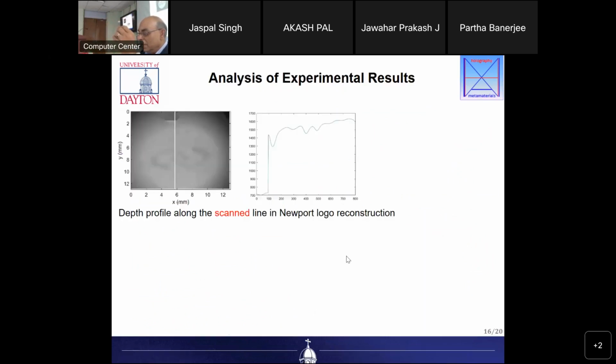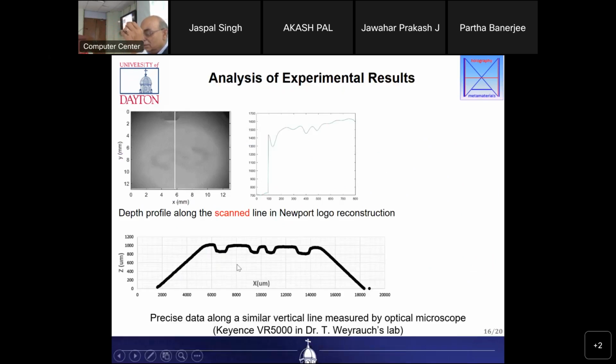And then this is a line scan along that line. And this is a line scan using an optical microscope, a Keyence VR5000. And you're going to find that these depths over here are exactly the same as this. That was the point. And they're typically in the order of about 100 microns.